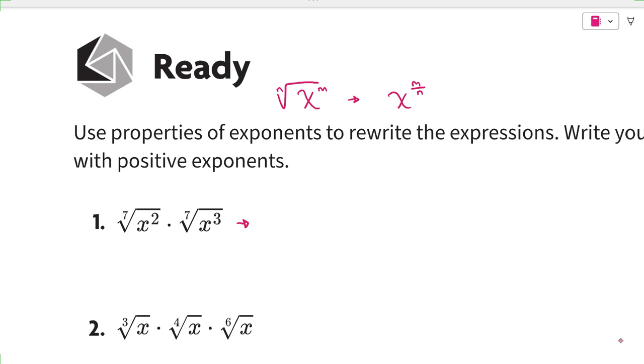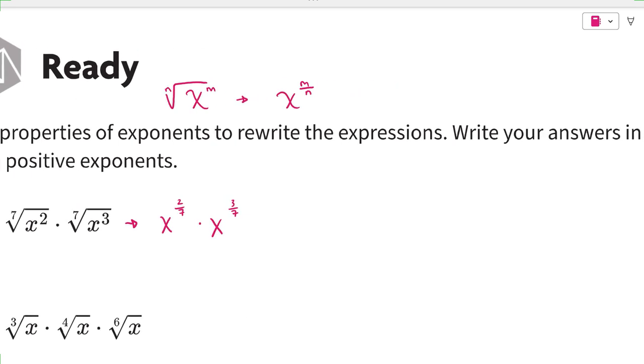So let's start by rewriting this expression as x to the 2 over 7 times x to the 3 over 7. Okay, so this brings us to our next rule. If I have x to the n times x to the m, remember when I multiply terms with the same base, I add their exponents.